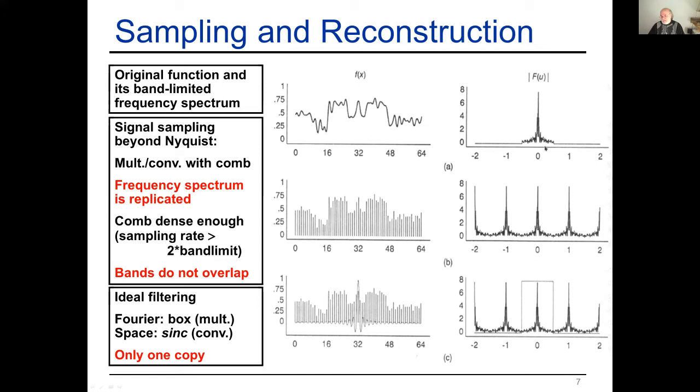Okay, so then if we sample this at the right sampling rate, in this case we just make sure that it's just high enough that they don't overlap. That would be sampling exactly at the Nyquist limit, right?